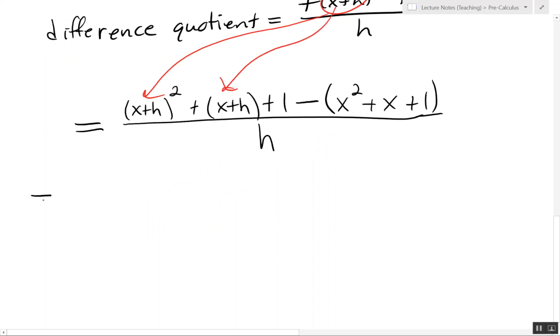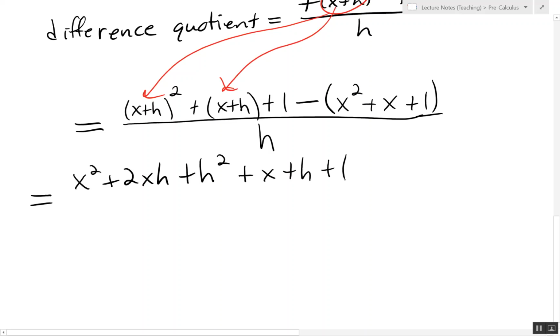So let's do that. So this first term is going to become x squared plus 2xh plus h squared. Then this plus x plus h just comes along, so that doesn't change. The same thing with the plus 1. And then all we need to do is distribute this negative to all the terms, so we'll get a minus x squared, a minus x, and a minus 1.